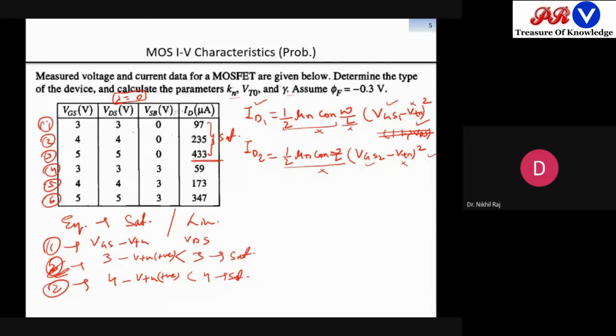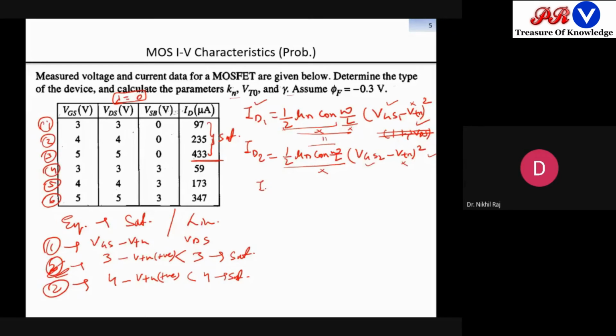Since it is the same MOSFET, the parameters are extracted for the single same MOSFET. This means whatever mu Cox W by L is, it will remain constant. It will not change. The complete value will be the same, and even the VTH will be the same.